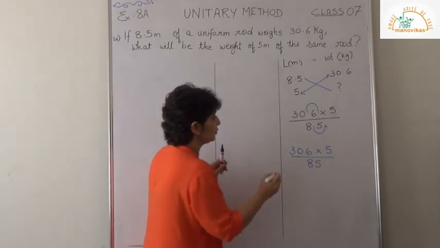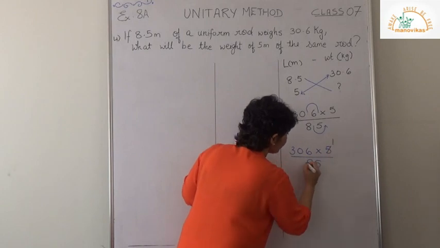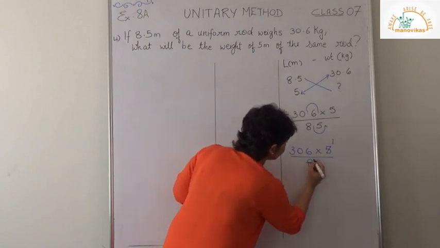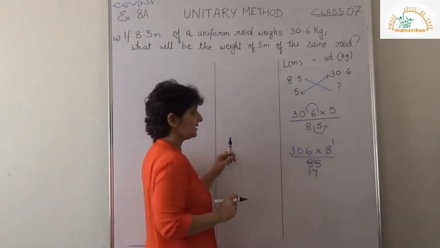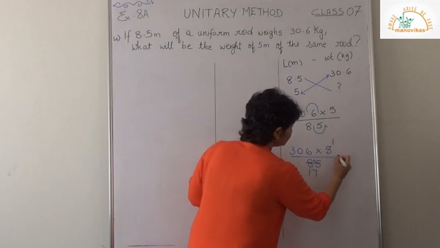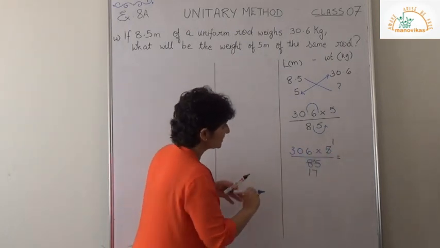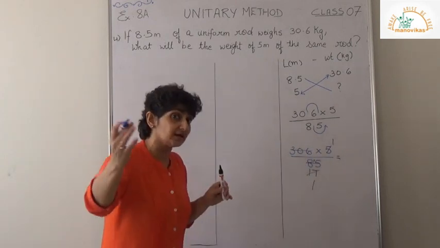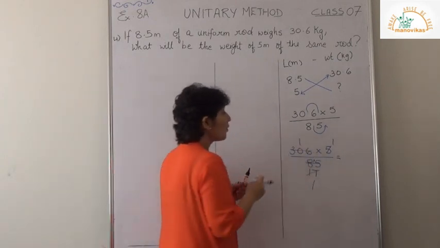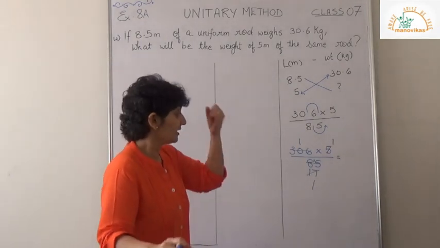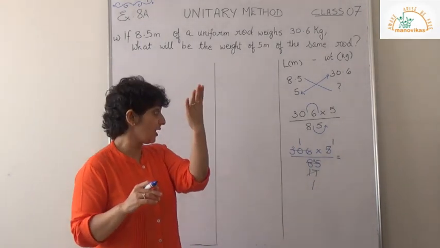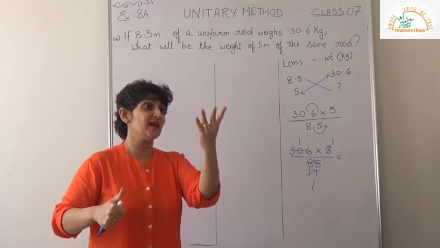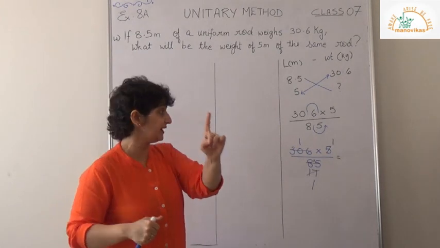Correct? Let's reduce. 5 ones are 5, 5 ones are 5. 6, 7, 8. 3 is my remainder. 5 sevens are 35. Now here, when I reduce, 17 ones are 17, 2s are 34. So I take it as 17 ones are 17, 18, 19, 20, up to 30, 13 children.